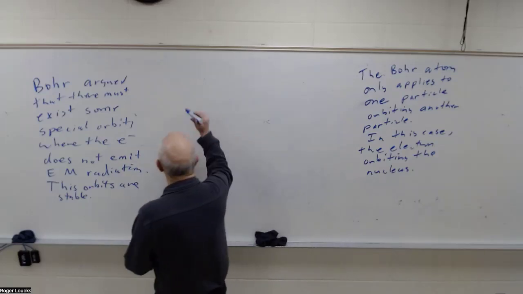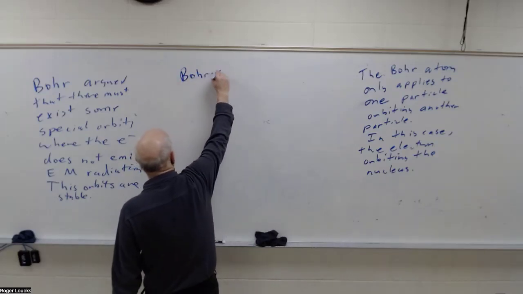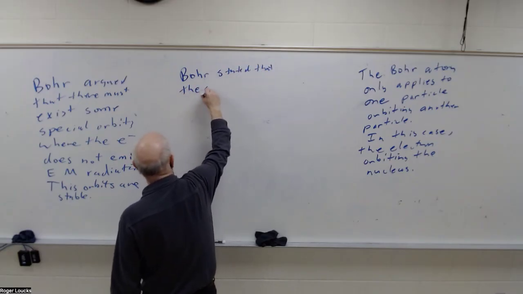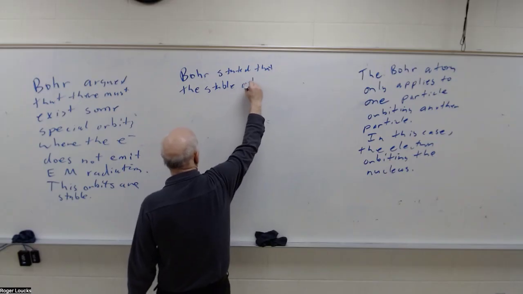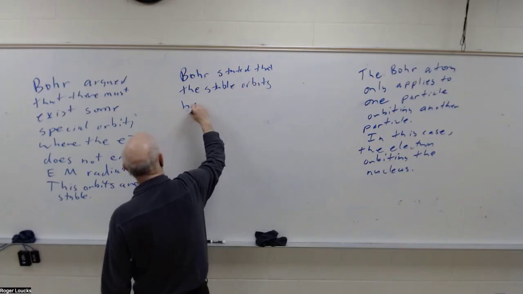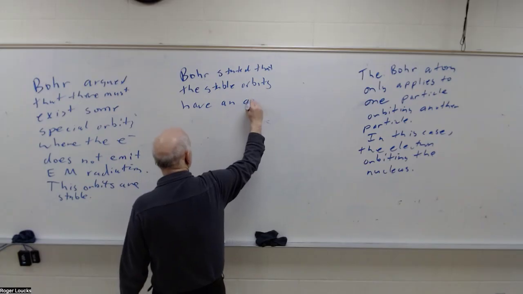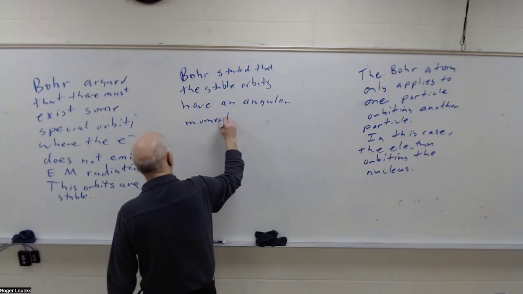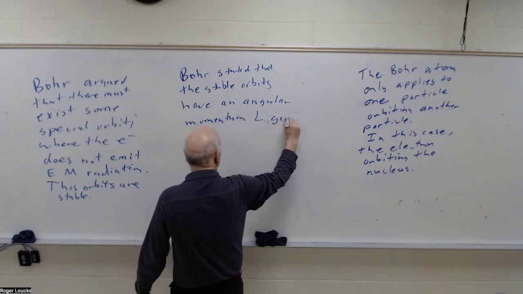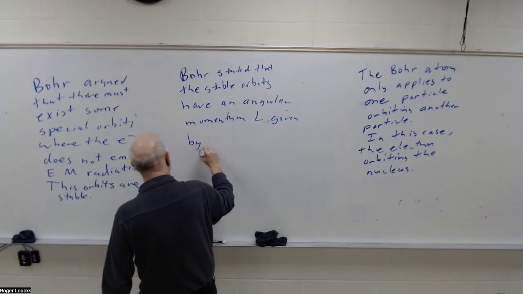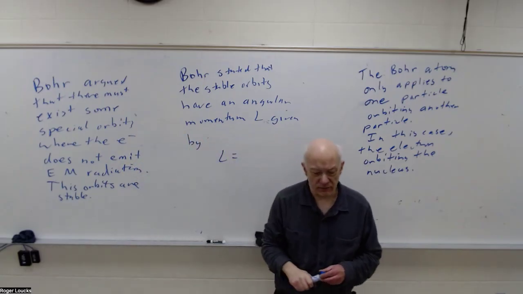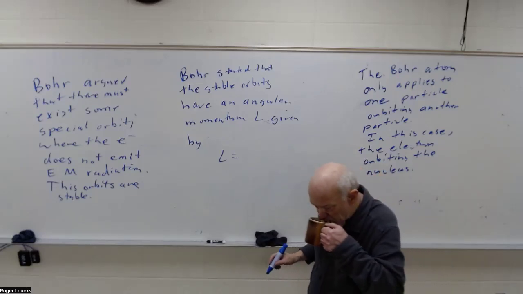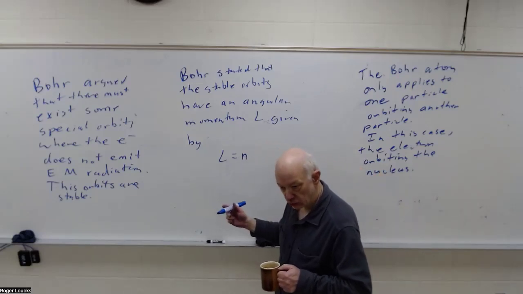Okay. So Bohr argued that the stable orbits have an angular momentum L given by L equals n h bar, where n is an integer.